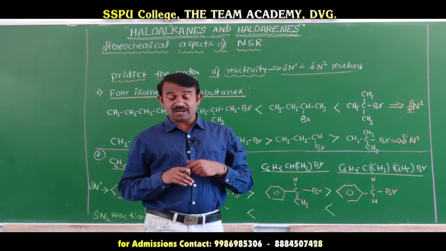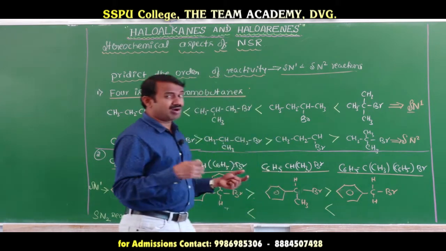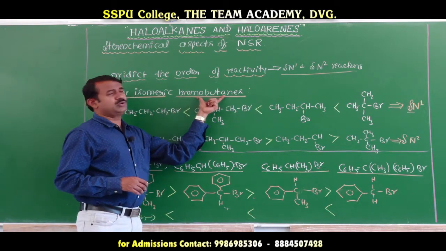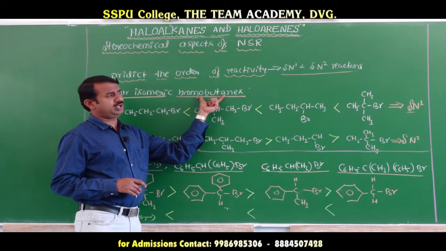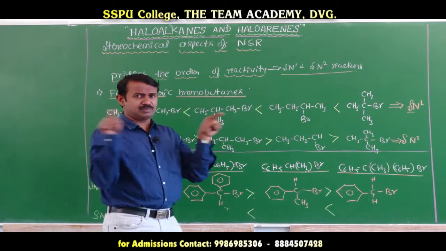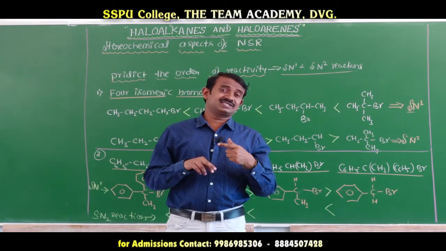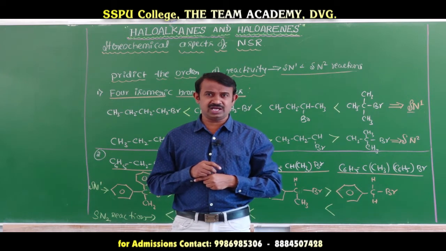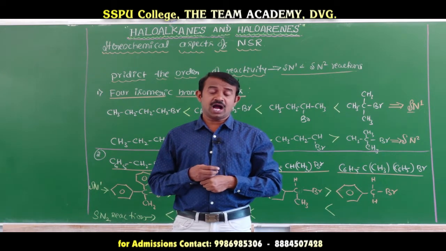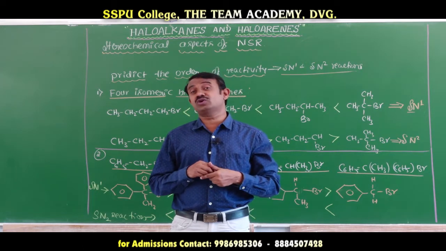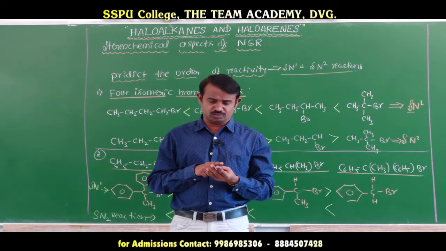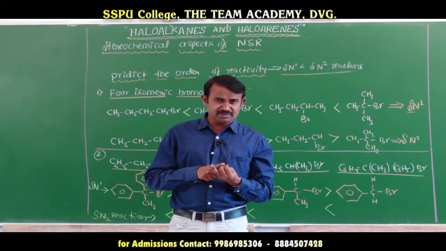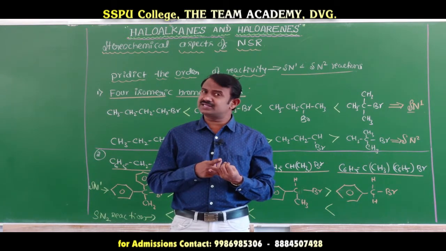Sometimes they do not give names, and ask for the four isomeric bromobutanes: normal butyl bromide, isobutyl bromide, secondary butyl bromide and tertiary butyl bromide.